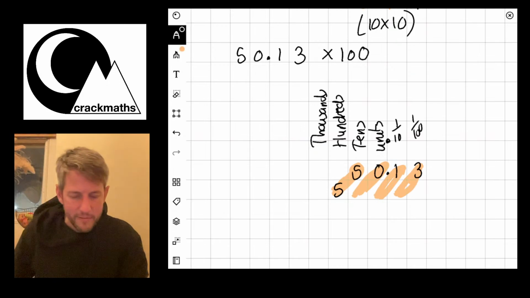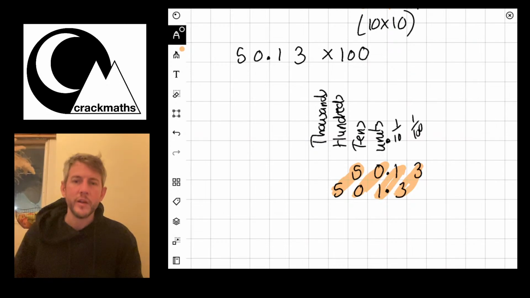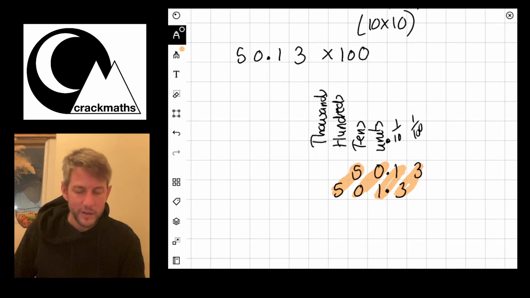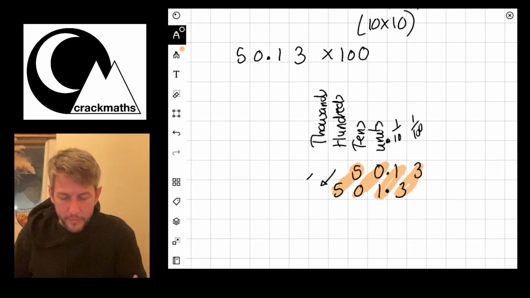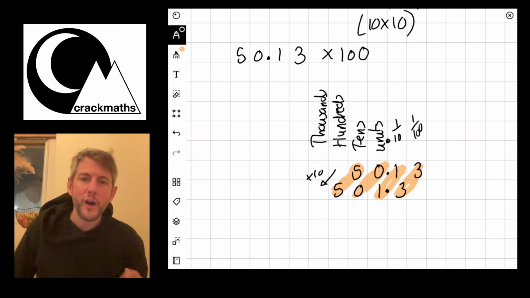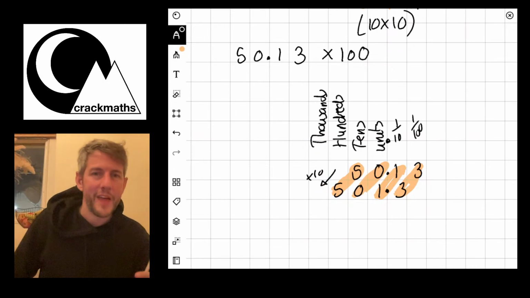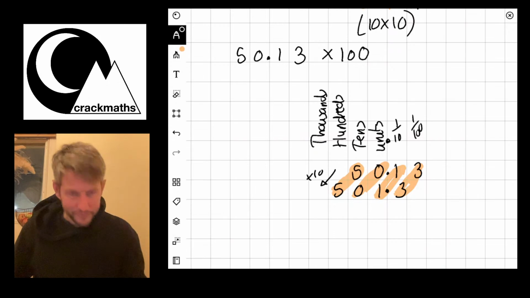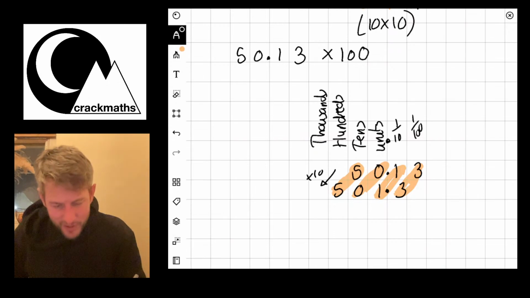The 0 will move to here, the 1 will move to here, and the 3 will move to here. So 50.13 times 10 would be 501.3.